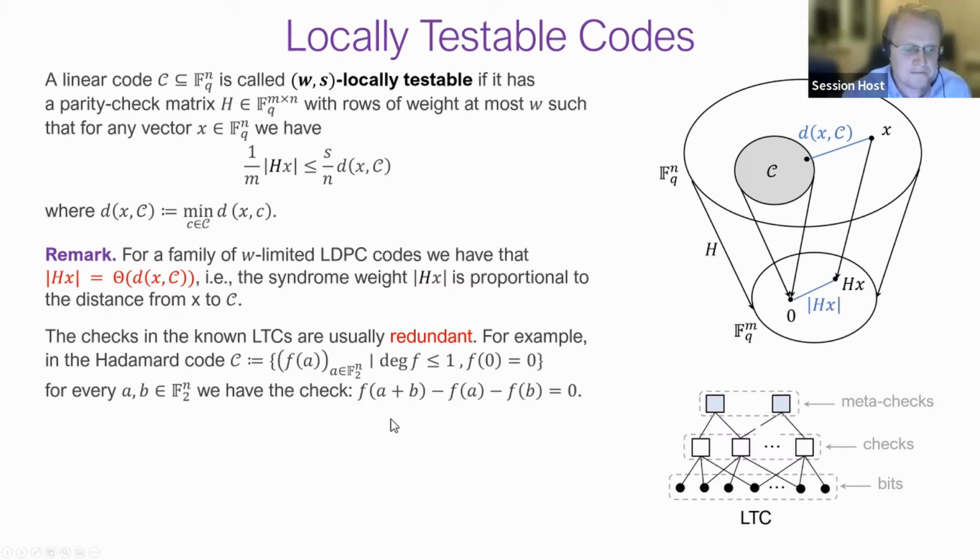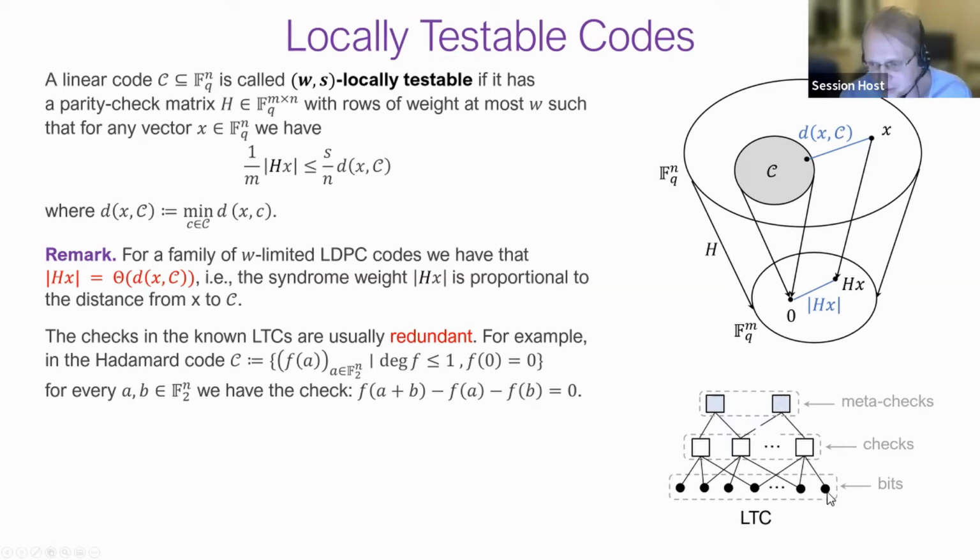So you can choose this pair of A and B in 2 to the power of 2n ways, much more ways than the length of the code.